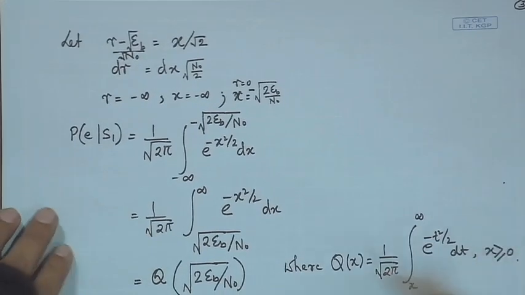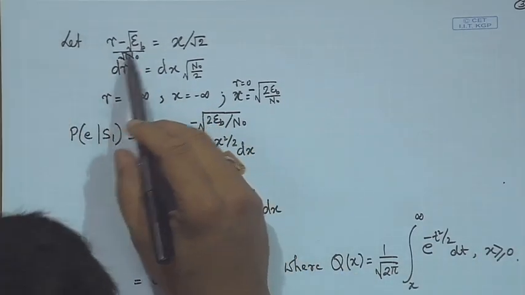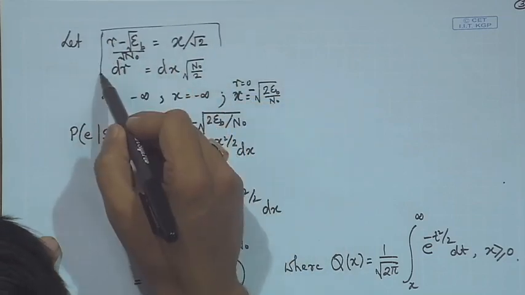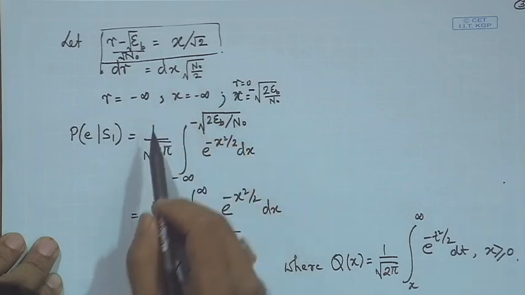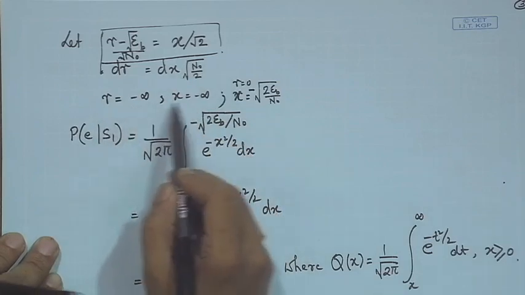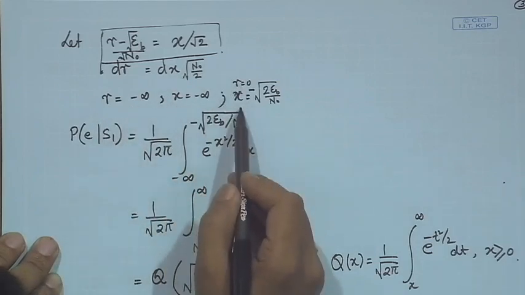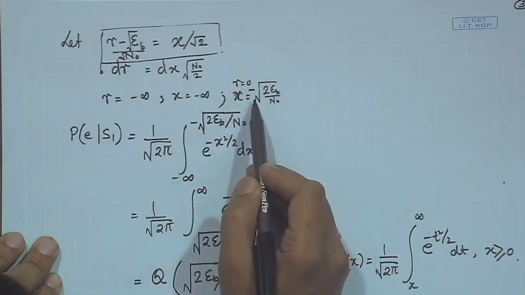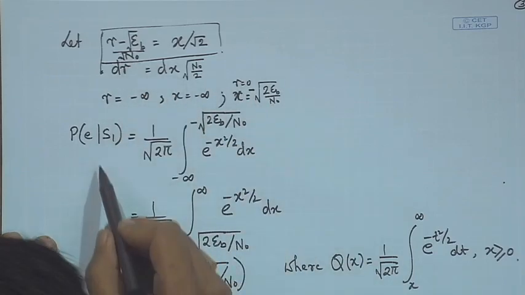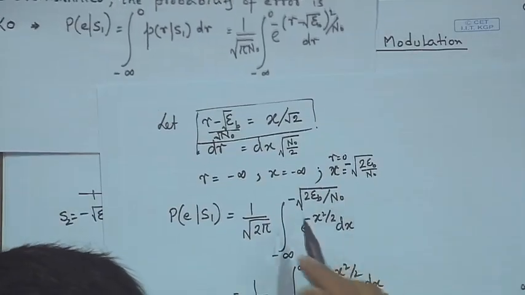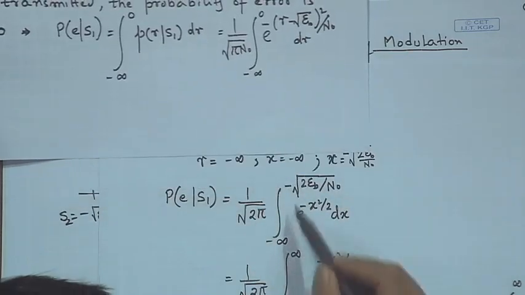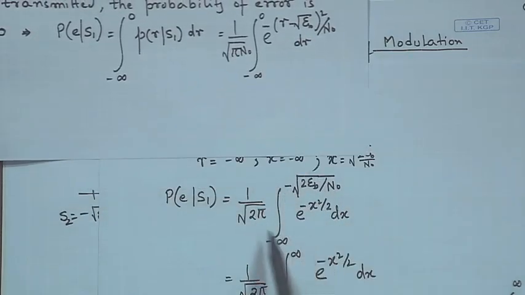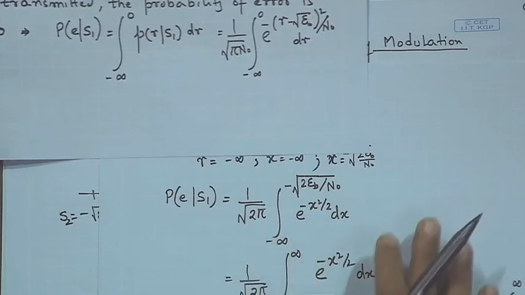So, dr equals dx times some scaling factor. For r equals minus infinity, x is equal to minus infinity, and for r equals 0, x has a particular value. So, the integration limits change to minus infinity to this number, and you have the expression looking like this.